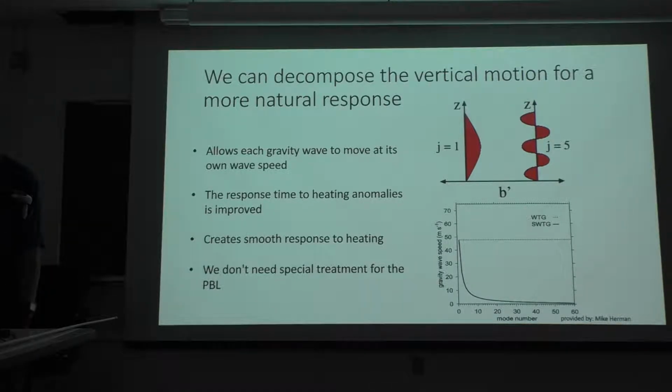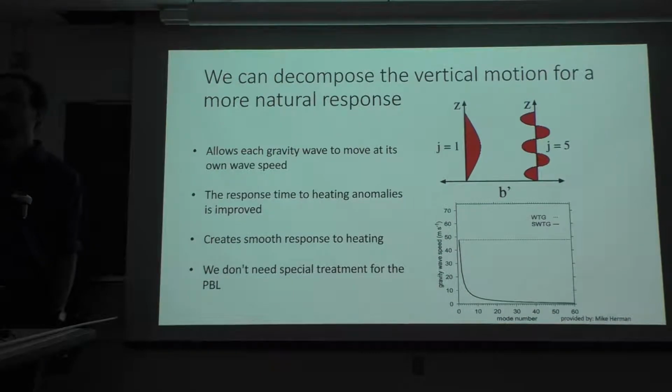But under spectral WTG, this requirement is removed. So SWTG has been used to study everything from very simple thermodynamic responses, or the response of convection to thermodynamic changes, all the way to MJO and tropical cyclogenesis.